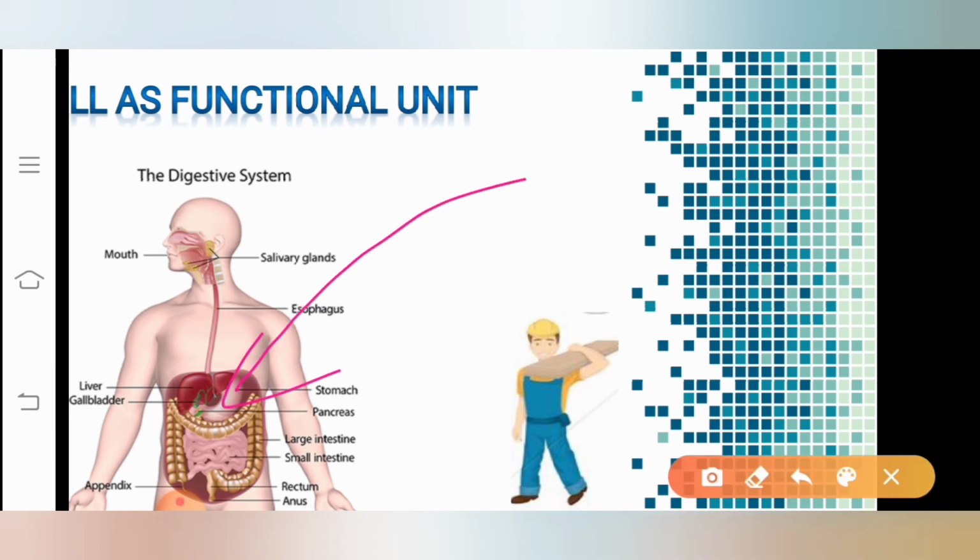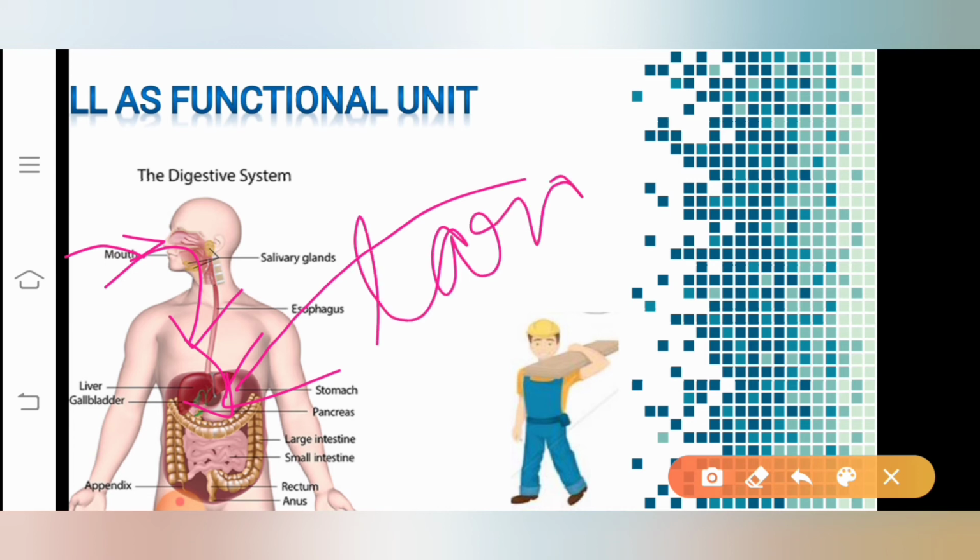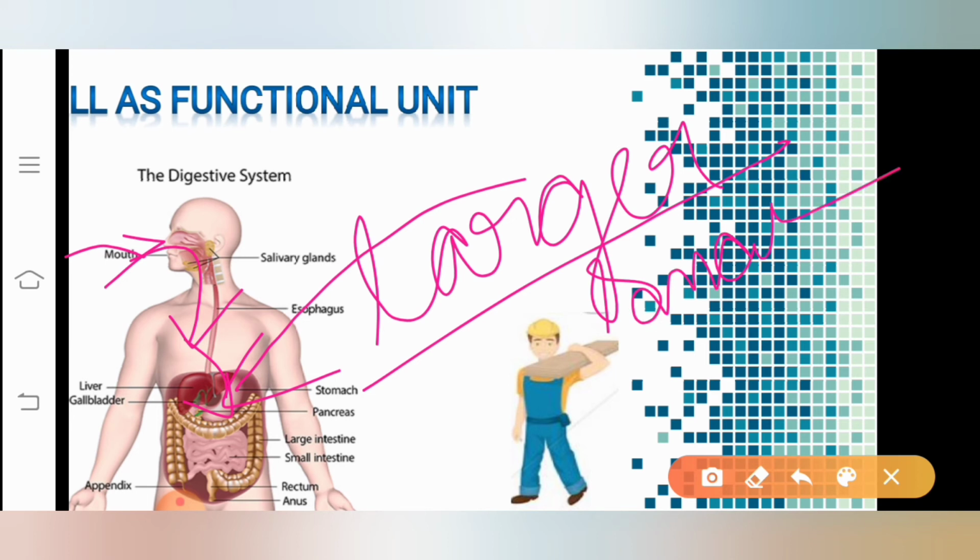So when I talk about the digestive system, how does the digestive system perform? When we take food inside the mouth, what happens? The food enters the food pipe and finally it reaches the stomach. In the stomach, there are so many cells, and those cells break down the food. Larger food particles will be broken down into smaller ones. Correct?